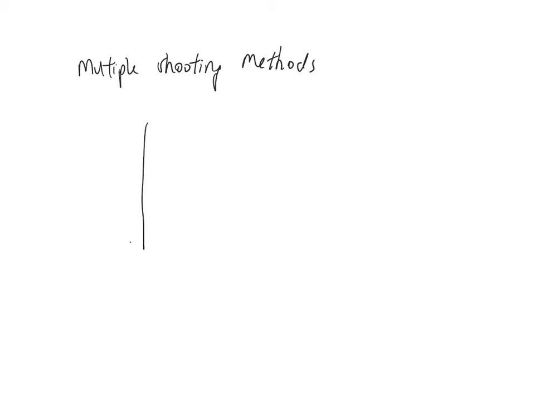Here is my computational domain again, going from 0 to capital L in space and 0 to T in time. What multiple shooting does is it says, let me break my time domain into several large chunks. In this case, let me break it into 3 chunks.